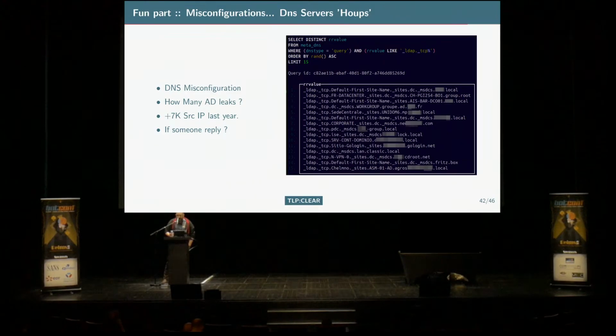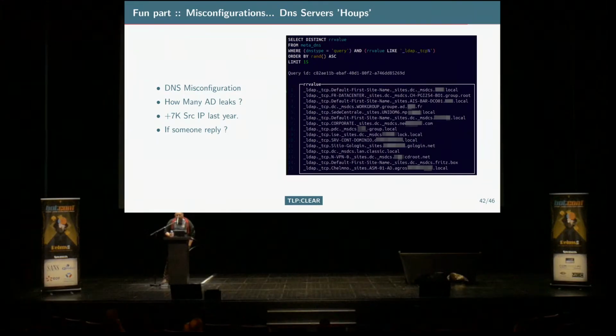So the question is, here you have an example. This is just a small example of all the people that at one moment sent a DNS query to us, and you see that it's clearly Windows trying to find the Active Directory servers. So the question is, okay, that's for us. We are nice guys, I hope so.